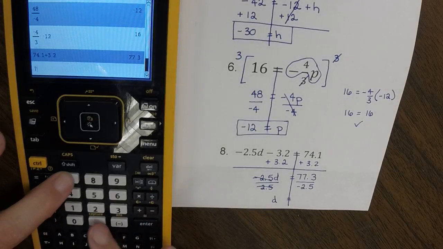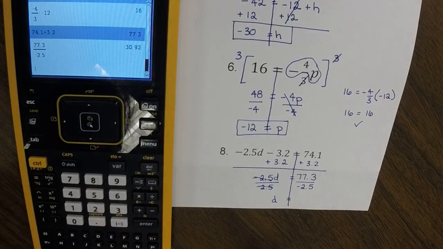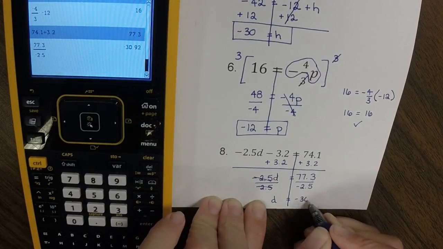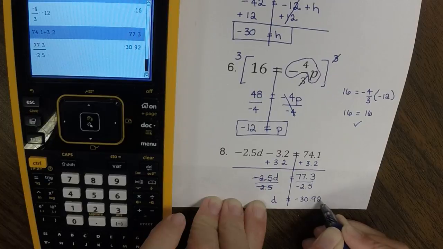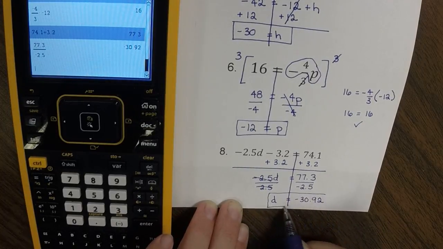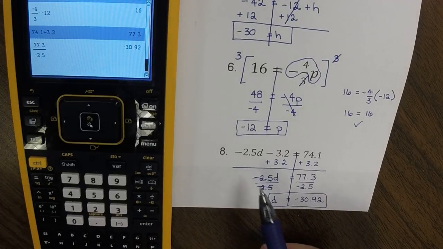And then I would put 77.3 divided by -2.5, and it comes out to be -30.92. So although it's not a pretty answer, it is an answer that works. And again, if we wanted to, we could try it by substituting it back in.